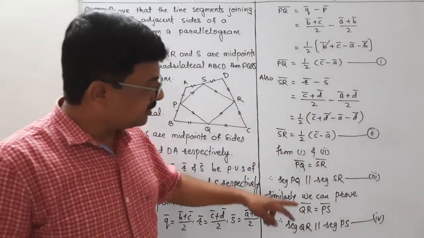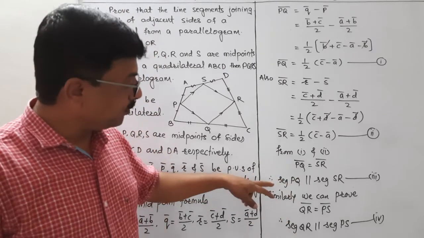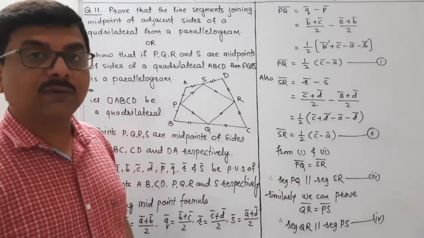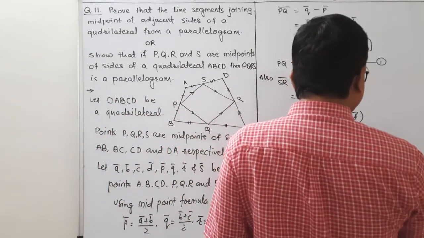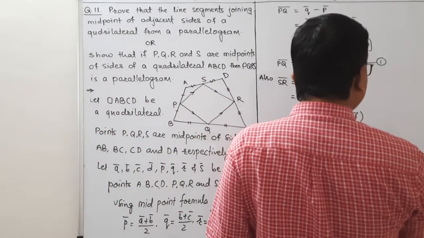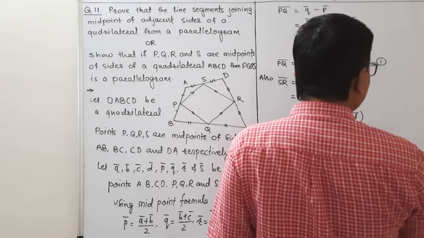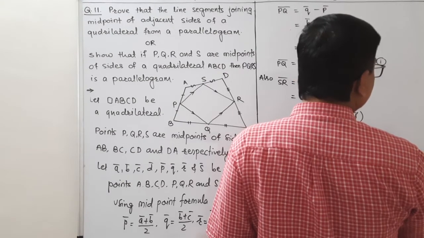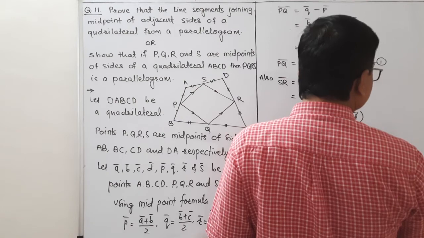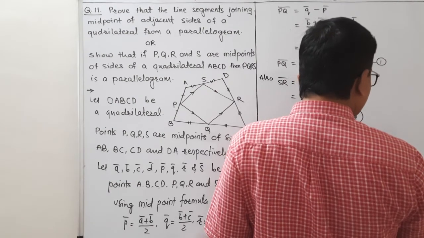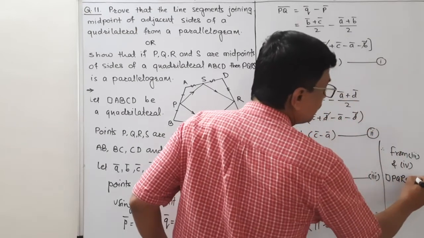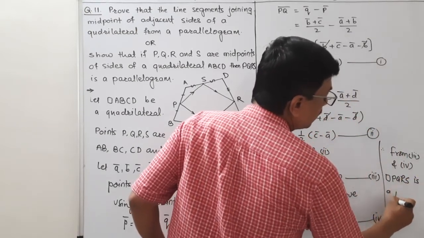If both pairs of opposite sides are parallel, then that quadrilateral is a parallelogram. Therefore, we can say that from third and fourth, quadrilateral PQRS is a parallelogram.